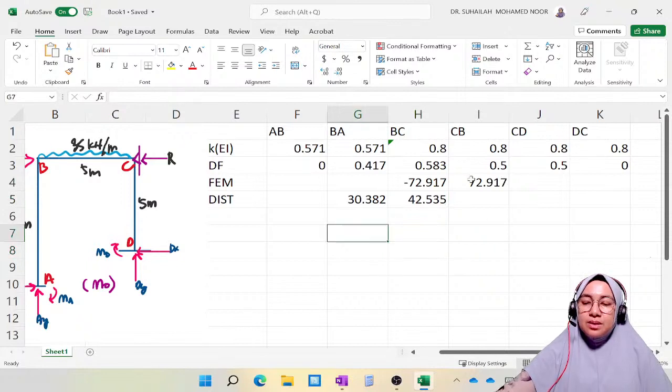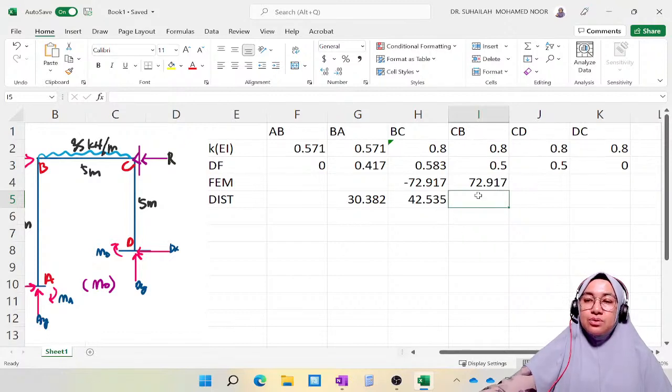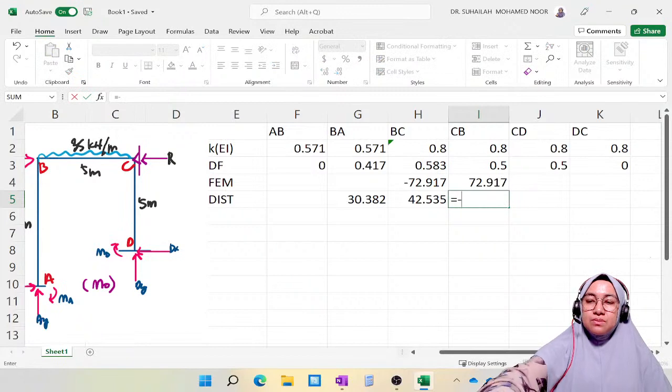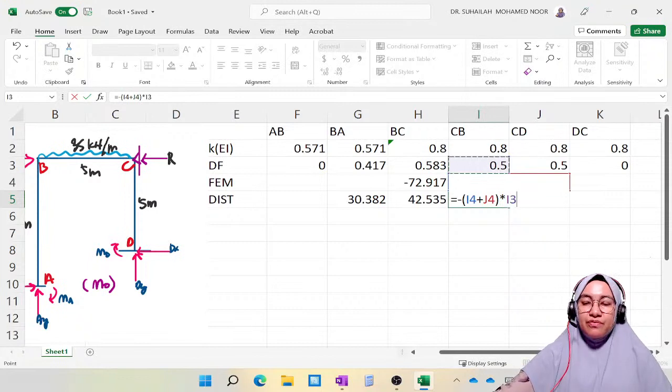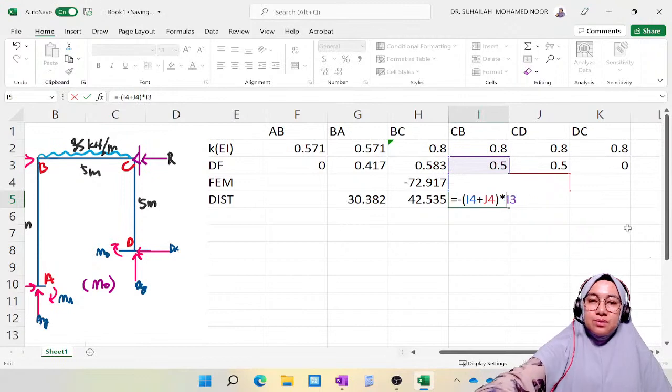Then for joint C, we have CB and CD. So it is the total of 72 plus 0, times the distribution factor 0.5, and I lock that one.